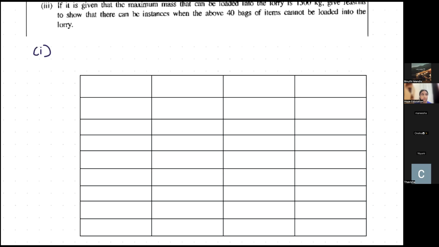Class interval, and then we have frequency, which they have already given. Then the mid value. Frequency is f, and then we have fx.